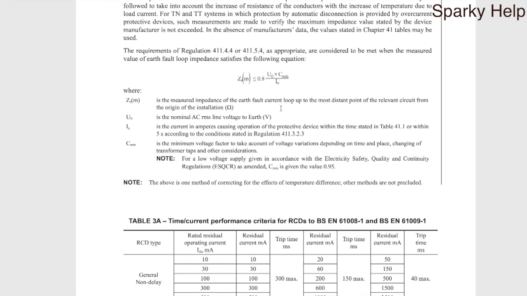So 0.8 is quite a good factor. And actually, if you use your on-site guide for verifying the maximum Zs of circuits, all the values in the on-site guide have already been calculated and multiplied by 0.8. So they're much more user-friendly for on-site checking to see whether your circuits pass or fail for disconnection times.